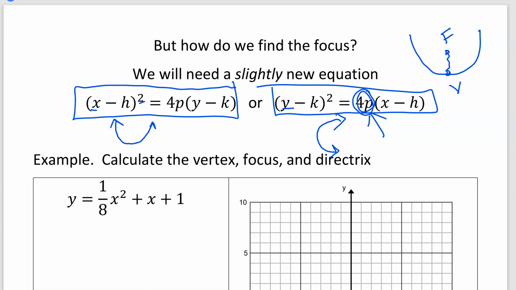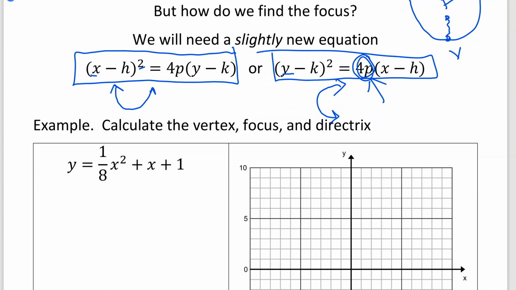Well, how do we go about doing these things? Well, we do like keeping the x's on one side, notice, and the y's on the other. So I think what I'm going to do is move this positive 1 to the other side.